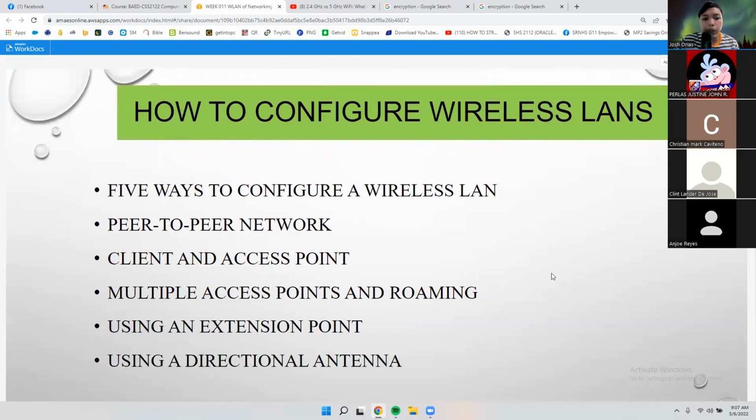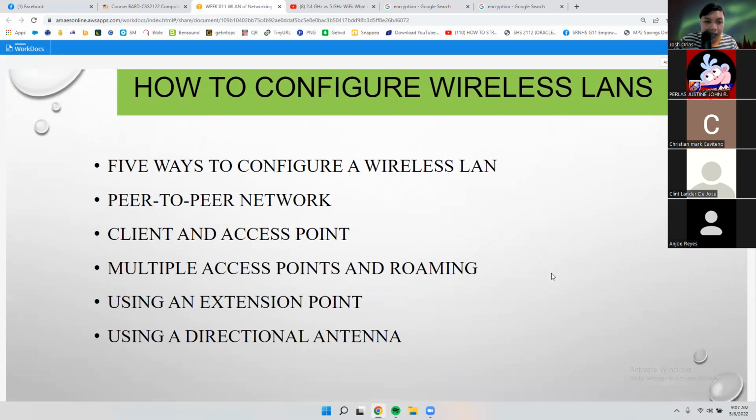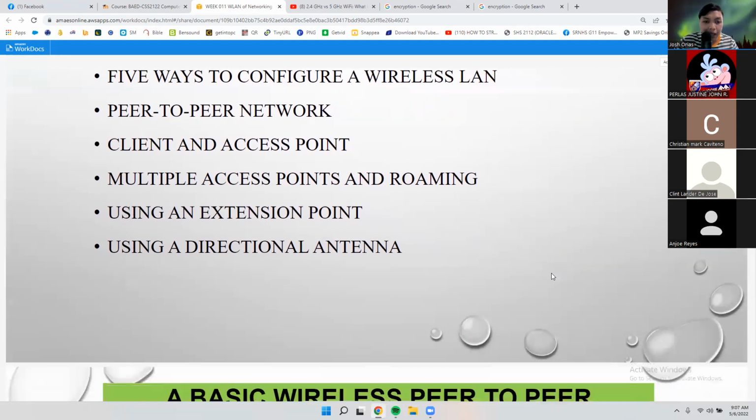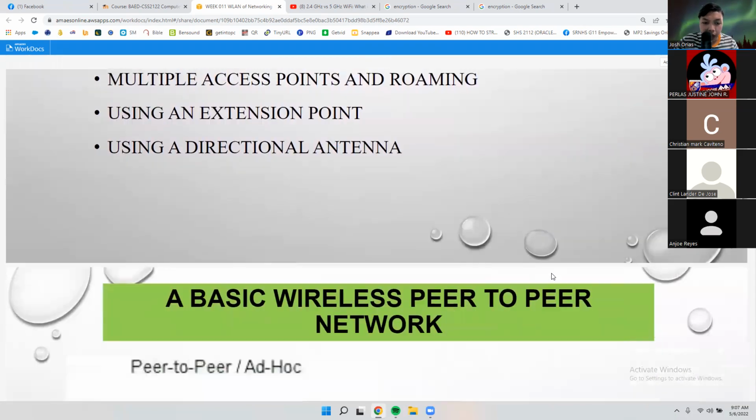So kung mapapanood niyo yung kahapon, so that's the way on how to configure, no? Sa router, okay? Para magkaroon ng Wi-Fi. 5 ways to configure wireless LAN: peer-to-peer network, client access point, multiple access points and roaming, user extension point, and directional antenna.